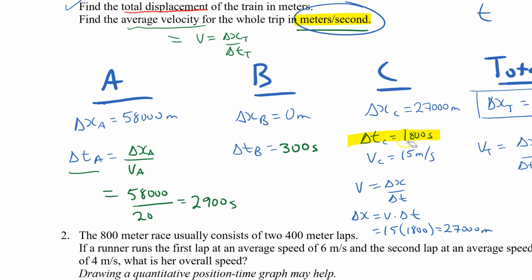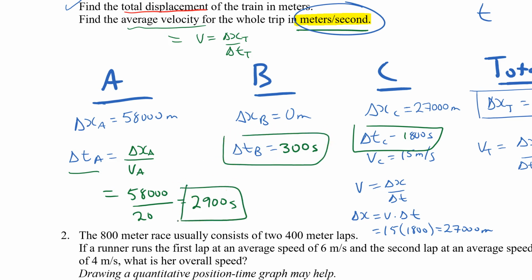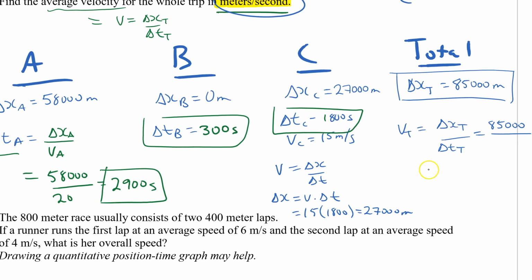And for this last one, I'm just trying to get rid of this. So we have this answer here, and that answer. Those are the ones we're going to add together. So our total time is going to be 2,900 plus 300 plus 1,800. And that answer is, using my calculator here, I think 5,000.